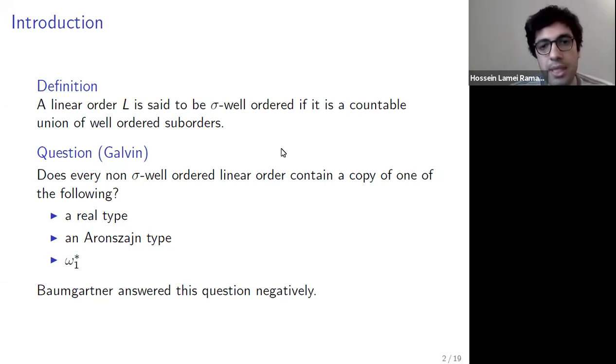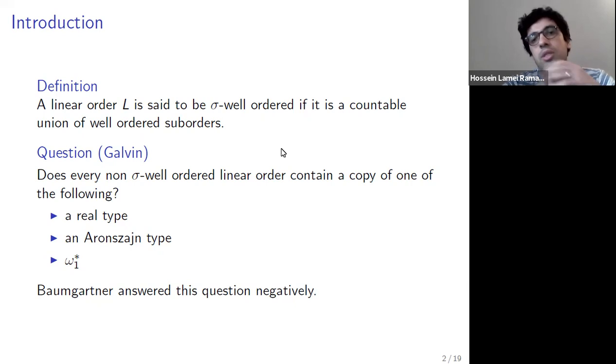So it basically has a copy of an uncountable subset of the reals. And an Aronszajn type is an uncountable linear order which does not have a copy of omega 1 star, and the closure of every countable subset is countable.